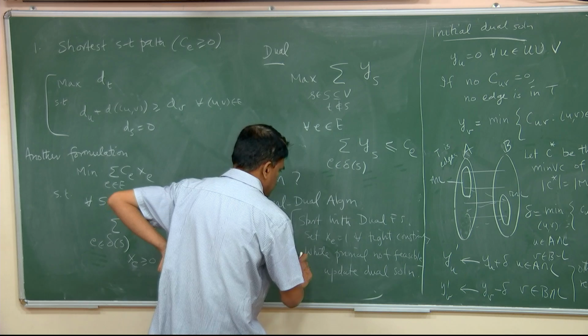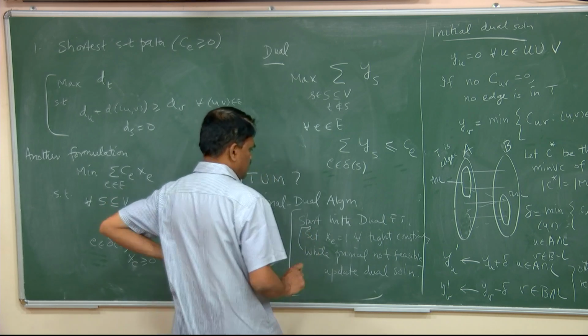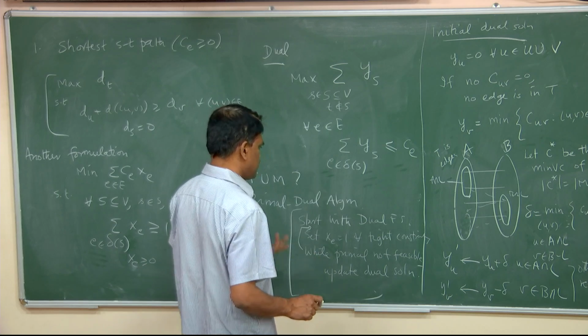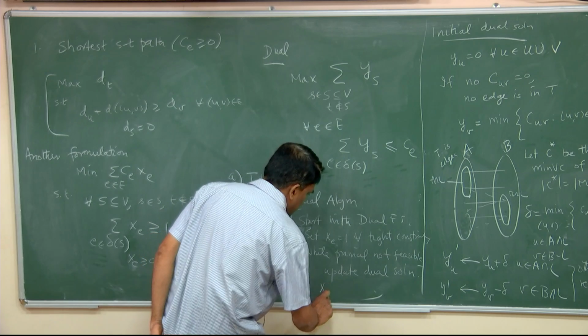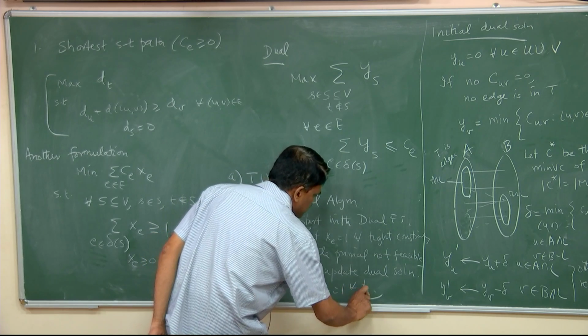So this statement should come here: while primal is not feasible, set x_E equal to 1 for all tight constraints.